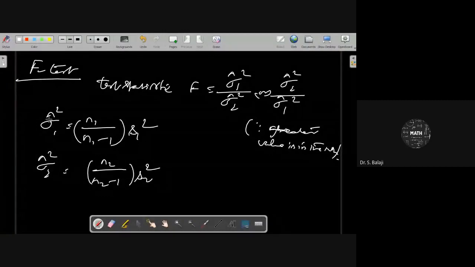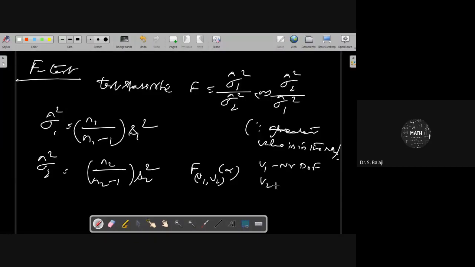And the critical value depends on F v1 v2 of alpha. V1 is the numerator degrees of freedom, V2 is the denominator degrees of freedom. V1 is N1 minus 1, V2 is N2 minus 1.